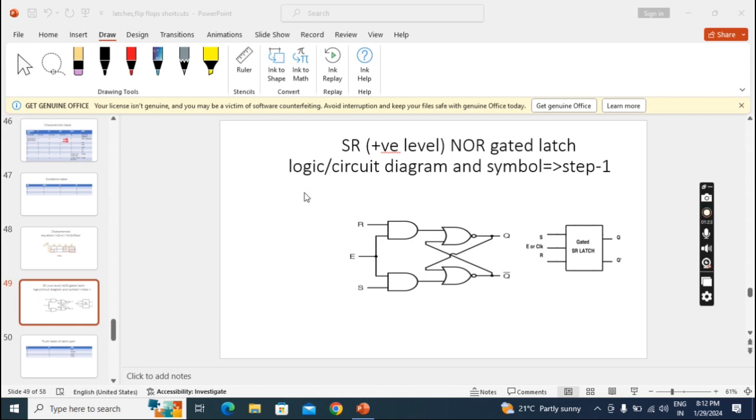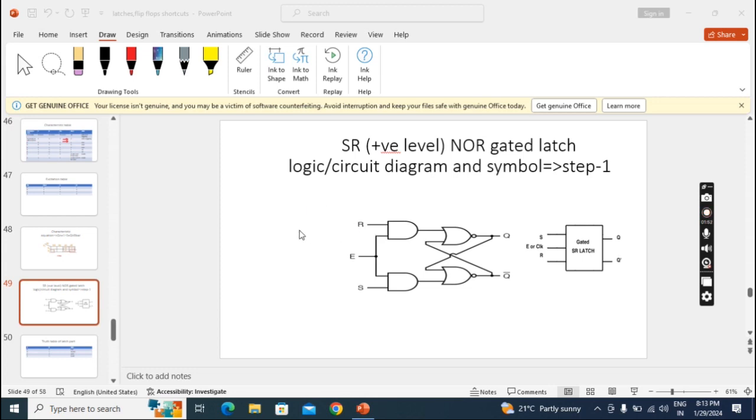Whether it is a gated NAND or gated NOR, it is a gated latch only. A gated latch should behave the same even if we change the latch part. Changing the latch part is a different way of construction, but ultimately the functionality of the gated latch should be the same. To make the gated latch functionality or behavior the same, we are changing the gates in the construction.